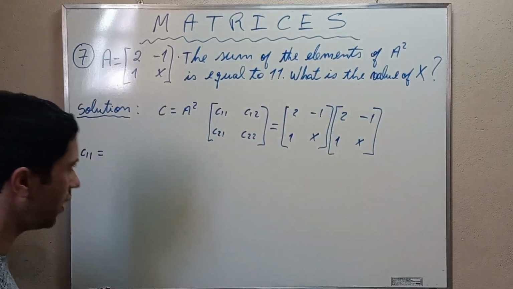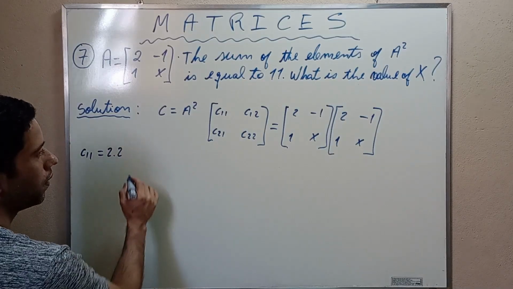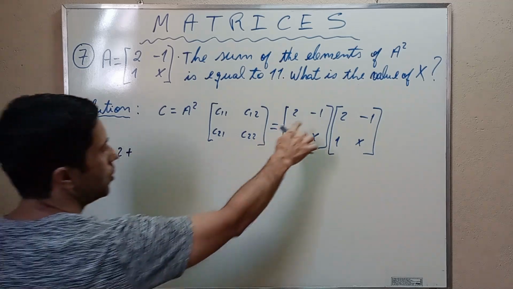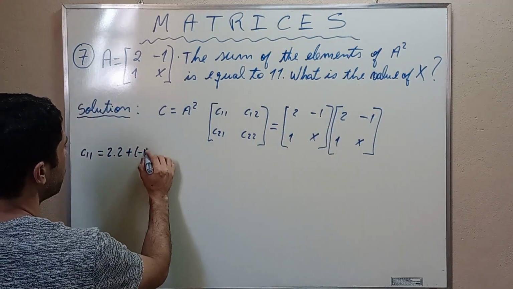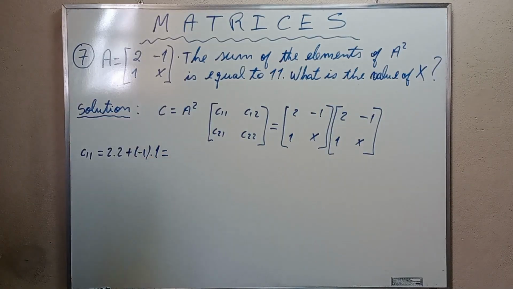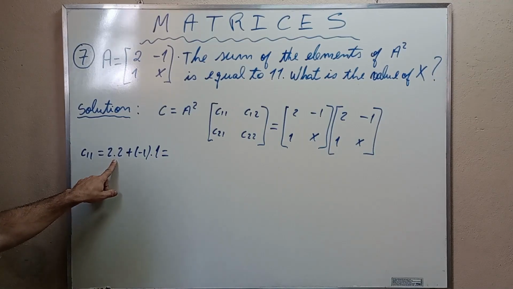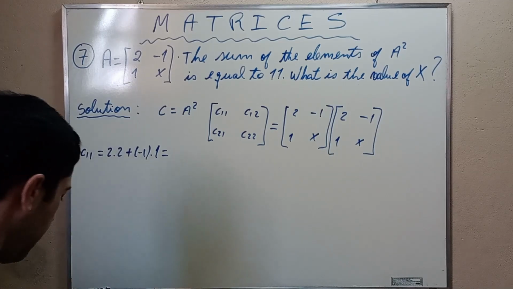Okay? Thus, it is equal to 2 times 2 plus negative 1 times 1. And this is equal to 2 times 2 is 4. This is negative 1. 4 minus 1 is 3.